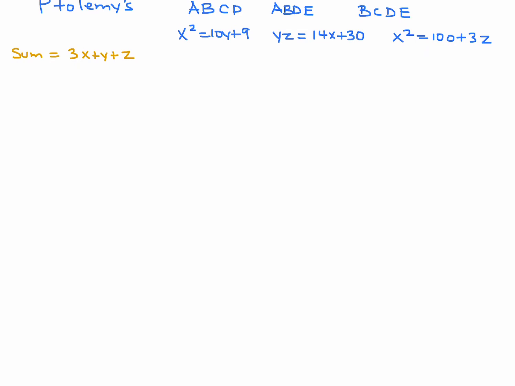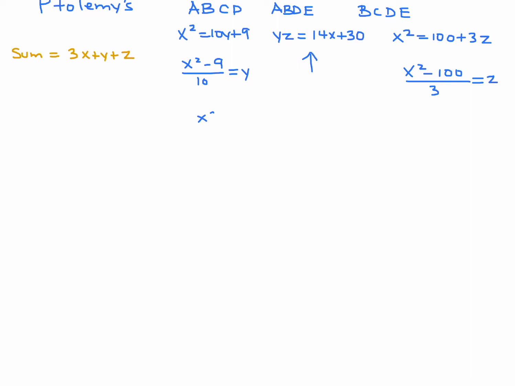From this one here, I get (x squared minus 9) over 10 is equal to y. From this one over here, I get (x squared minus 100) over 3 is equal to z. And I can now substitute both of those into there.